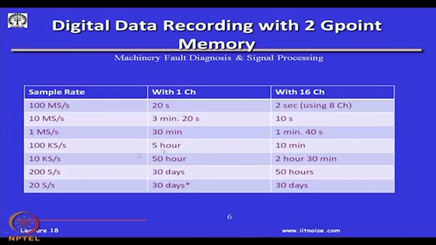And if you are running a very slow phenomenon like monitoring temperatures, 200 samples per second is itself very high. You could be recording with a single device for days without worrying about your memory space, about the reproducibility of such signals, and so on.